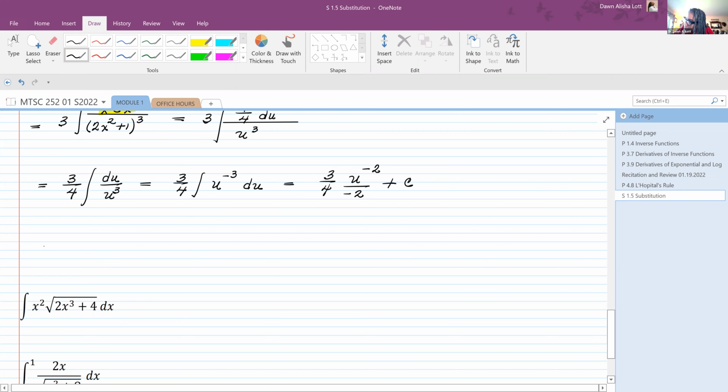Okay. So that's looking like negative 3/8. And then actually the u to the minus 2 is in the denominator.